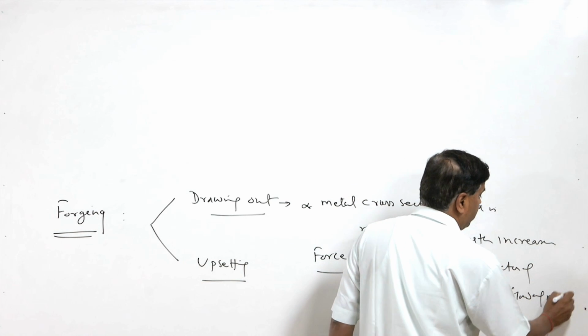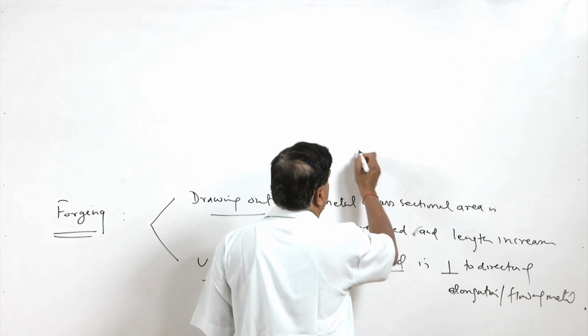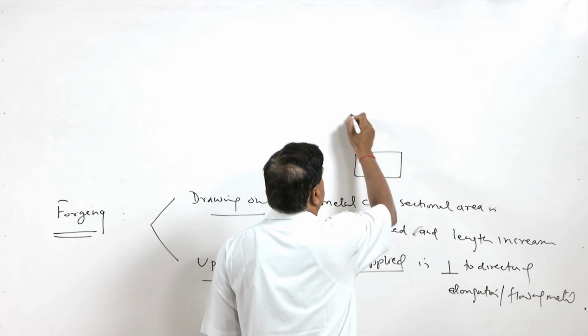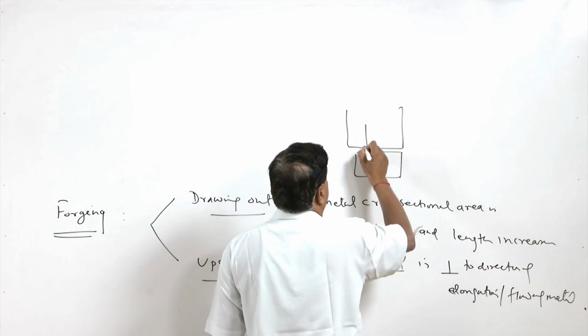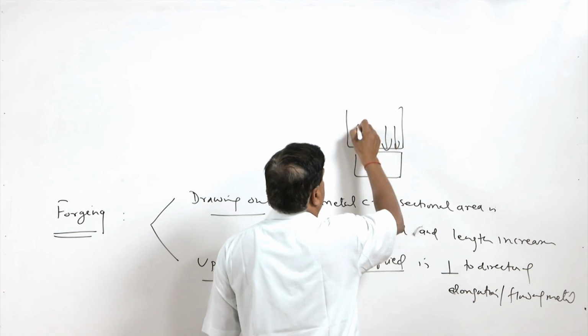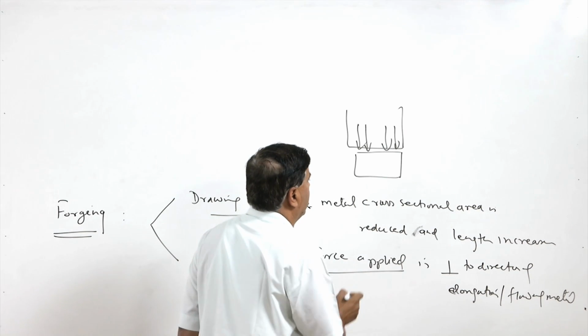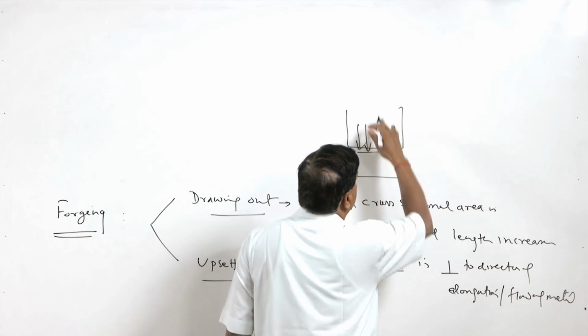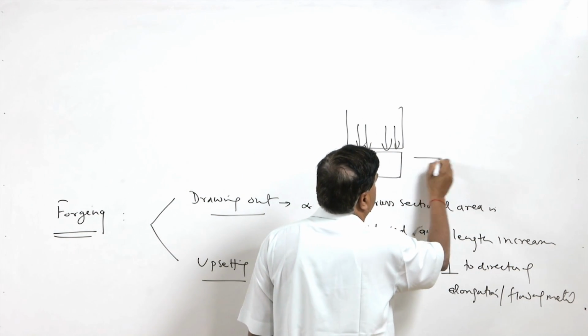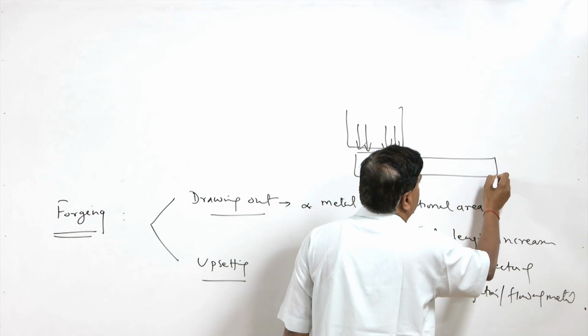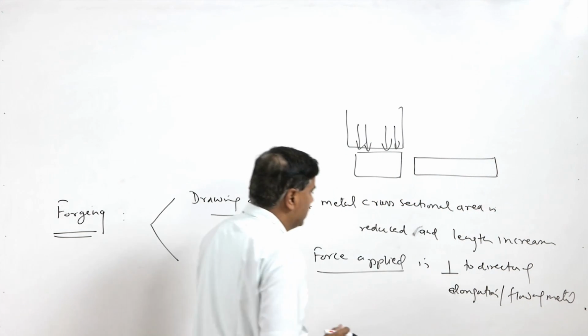The piece is subjected to force in this manner with the help of the ram or the open die. Here it compresses and reduces the thickness and thereby increases the length.